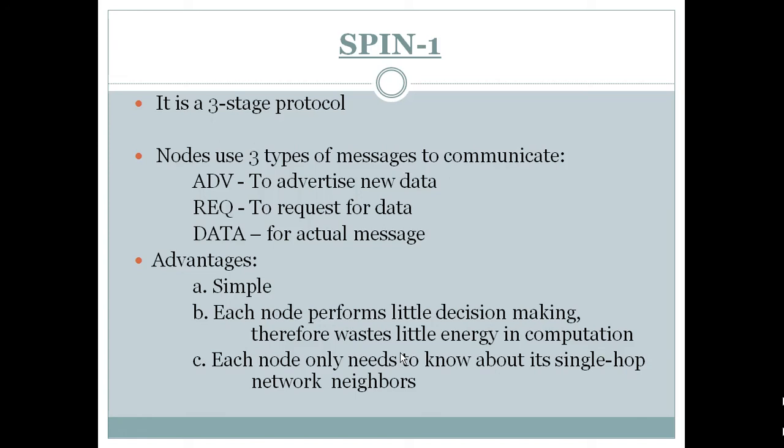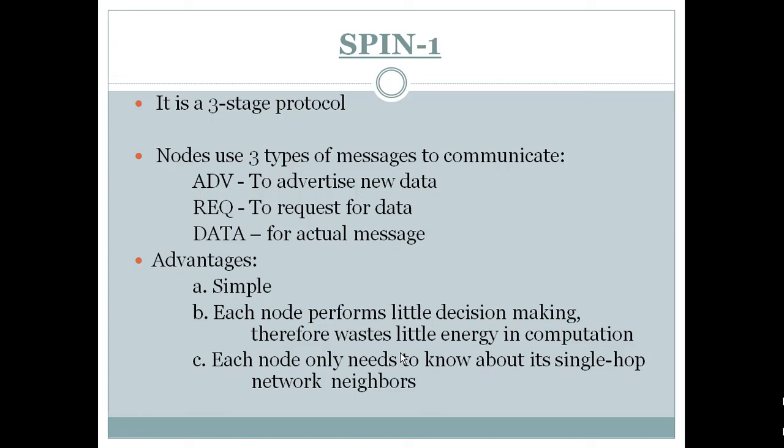Now the nodes that are interested in the event or the data transmit the request message to the source node. So every time a node is interested in receiving some data or information, it transmits a REQ message to the source node.